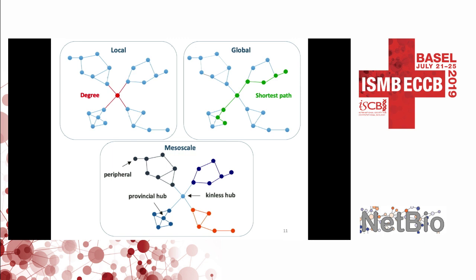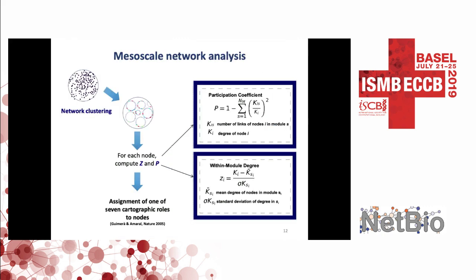So how do we compute these mesoscale network properties? The first step is to partition the network into clusters, and for that we use the InfoMap clustering procedure.